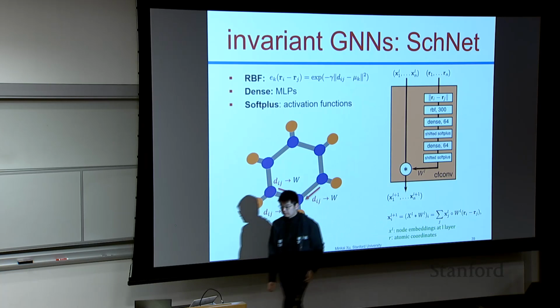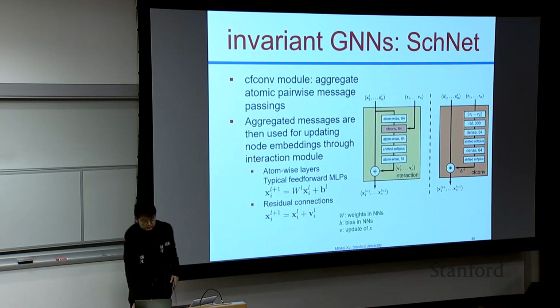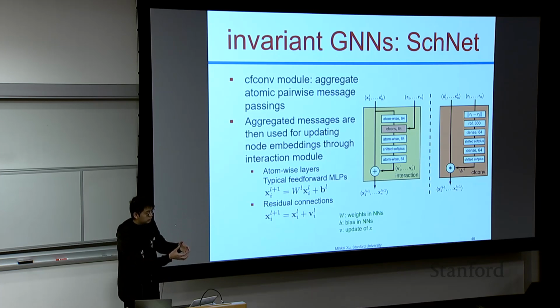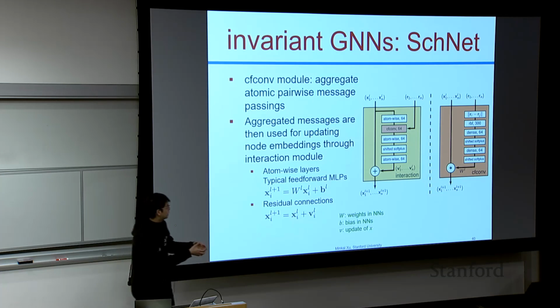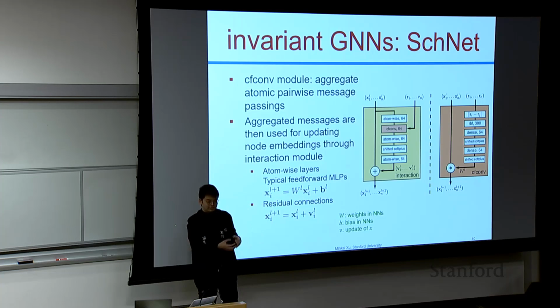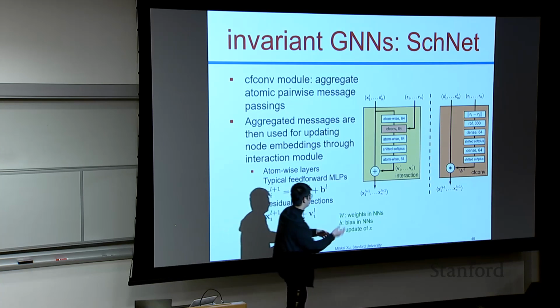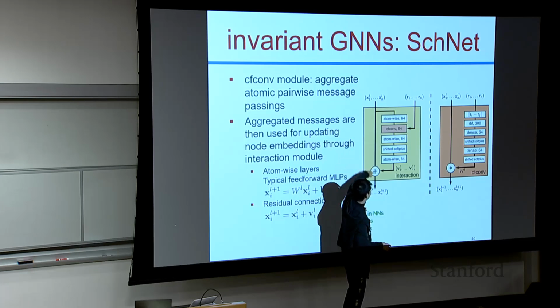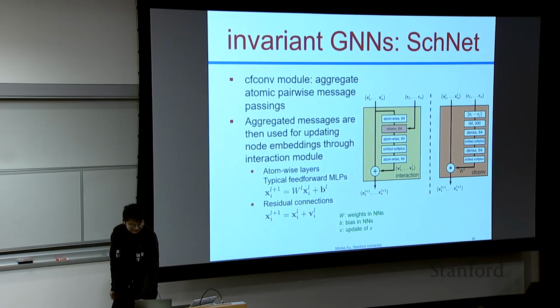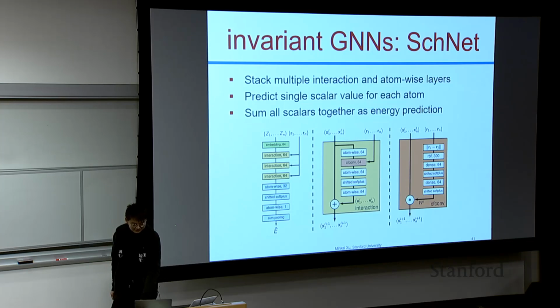In SchNet, in addition to message passing to aggregate the information, they do some element-wise updates of the aggregated information and add it to the node embedding. Seems like it should not be very interesting.